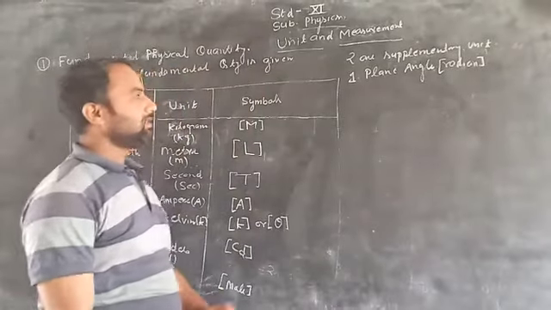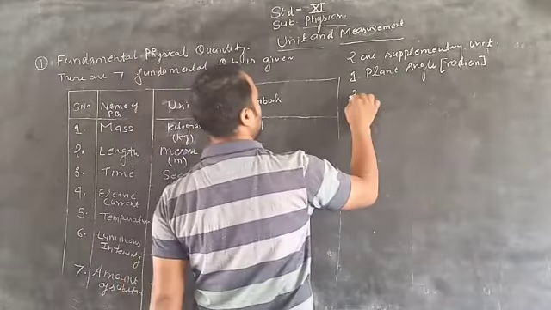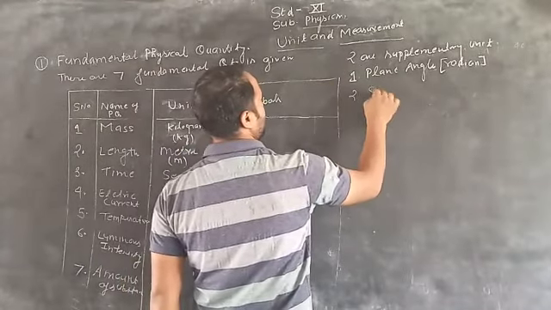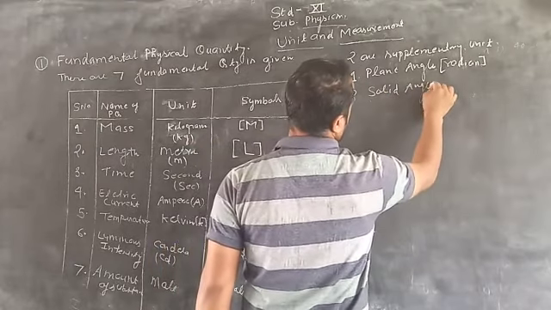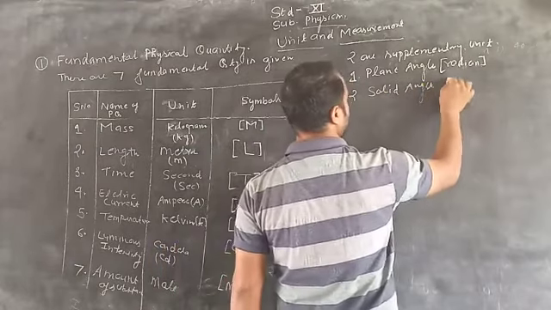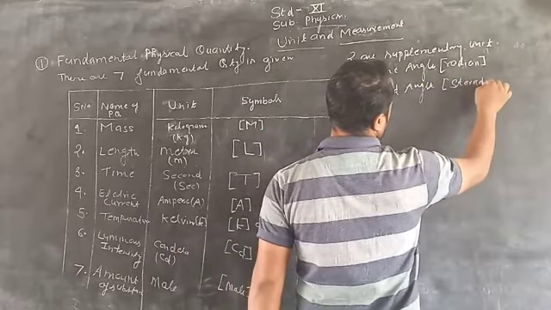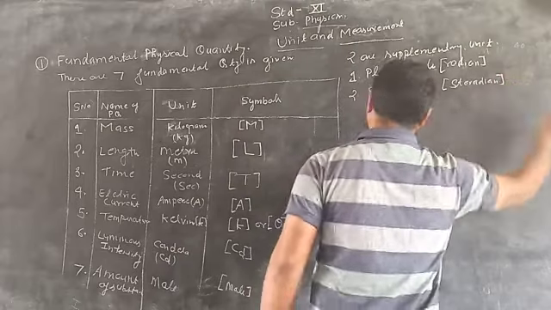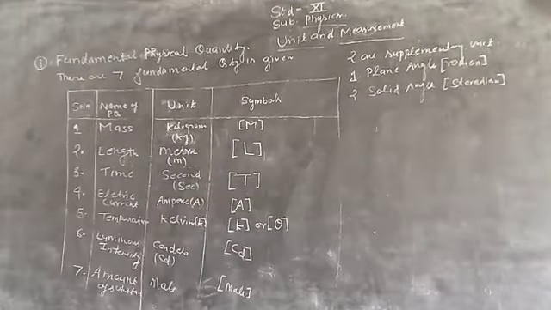And the next supplementary unit we have to remember is solid angle. There are only 2 such units. This solid angle is measured in steradian. These are the 2 supplementary units.